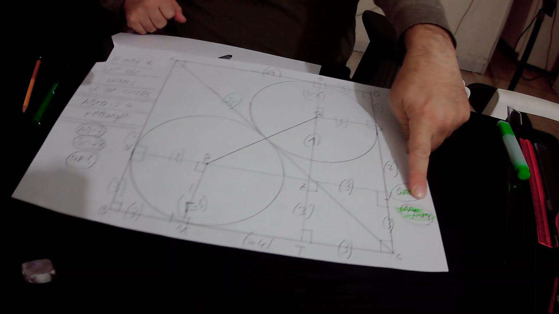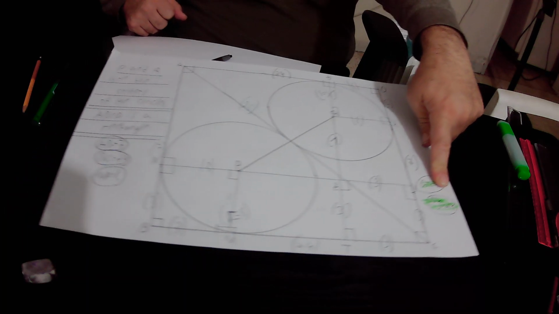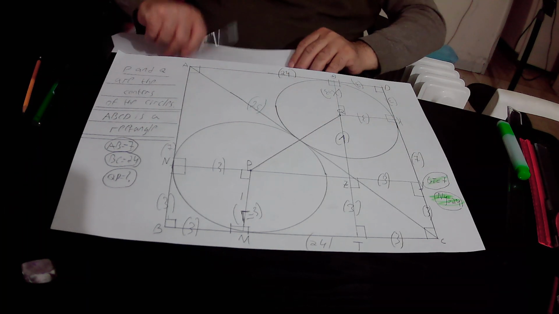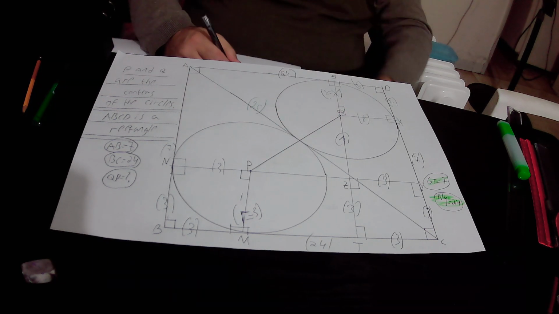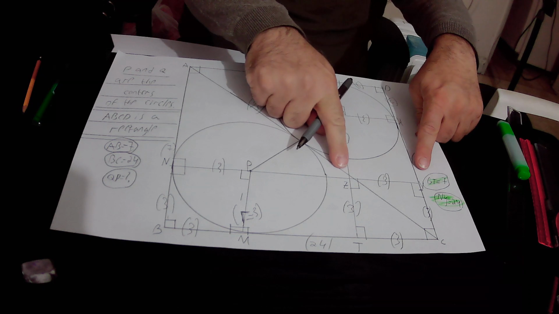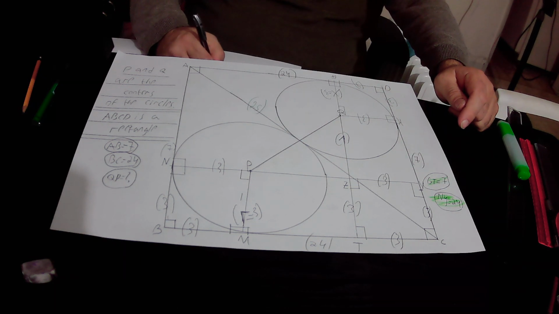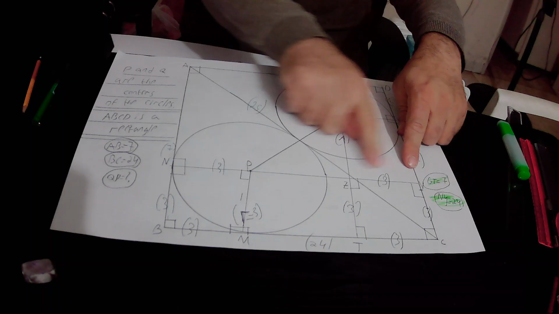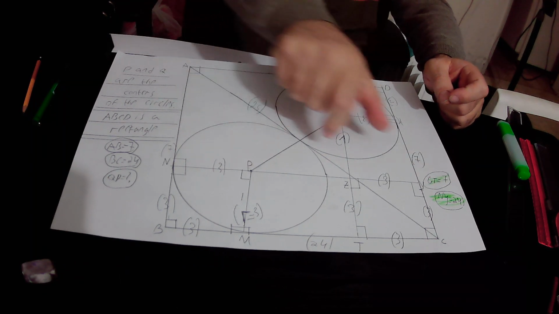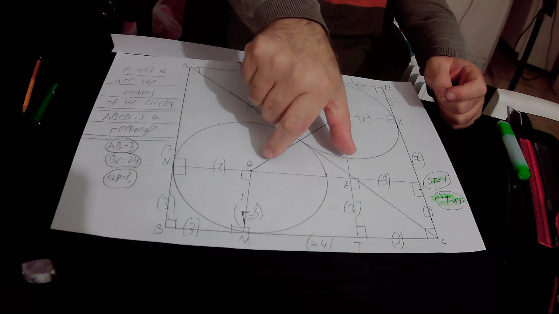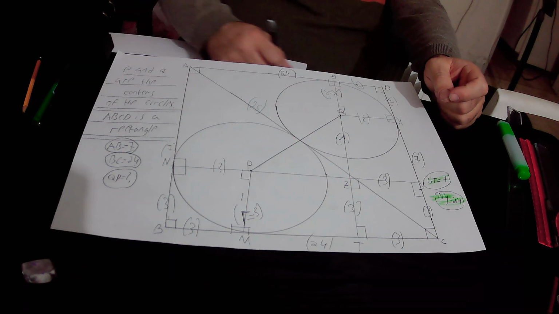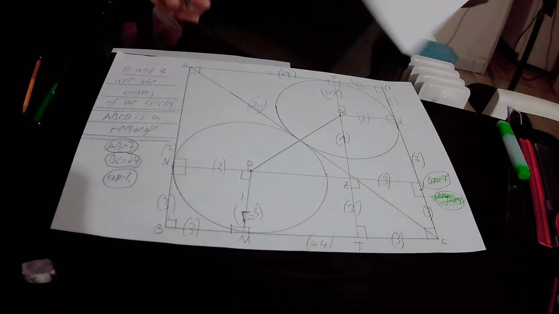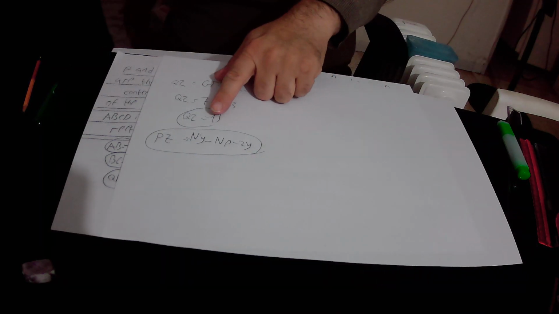So NY minus NP minus ZY equals the missing side PZ. Repeat again, the missing side PZ must be equal to NY minus NP minus ZY.